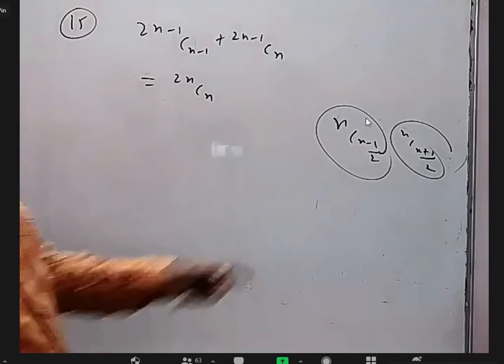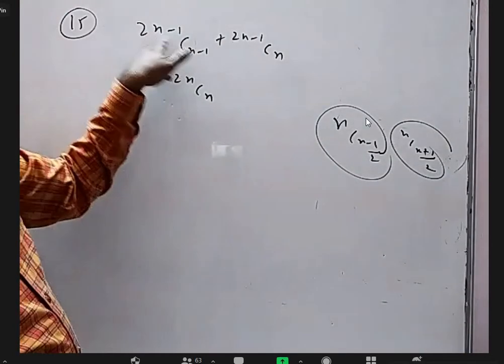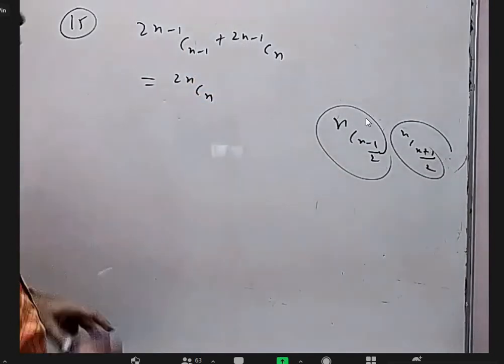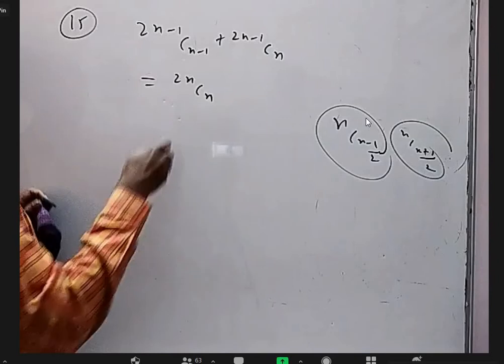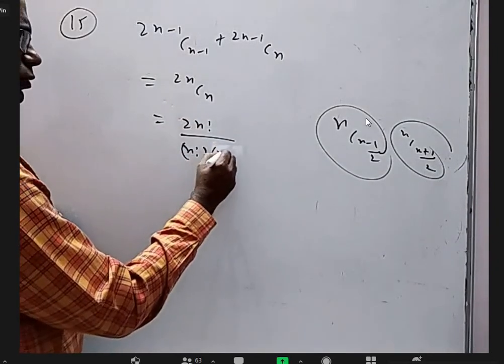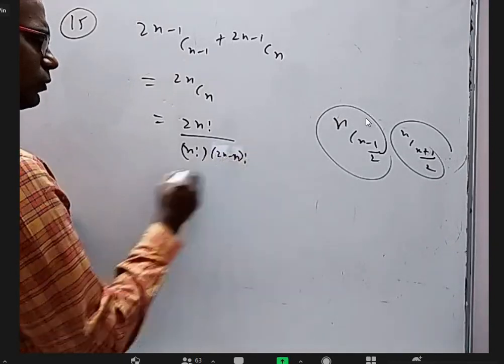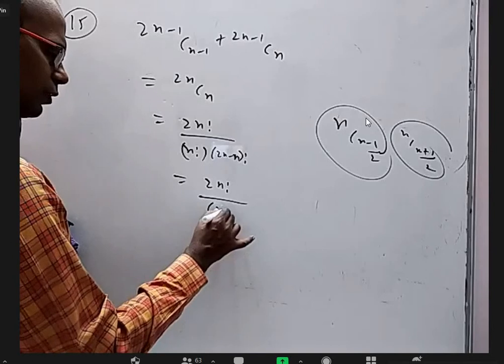So normally when the power is n, these are the two middle terms. Their power is 2n-1. Subtract 1 by 2, add 1 by 2. Then nCr plus nC(r+1) is (n+1)C(r+1). And this equals (2n)!/(n!(2n-n)!), which is (2n)!/(n!)².